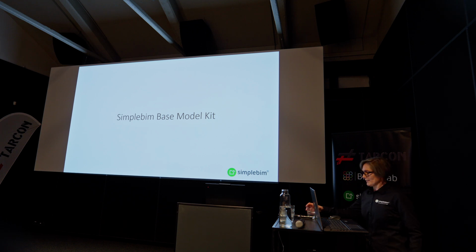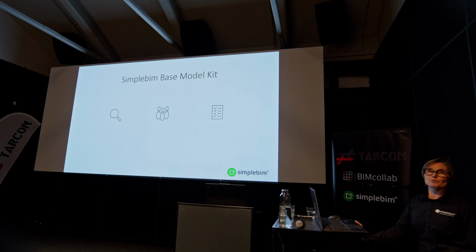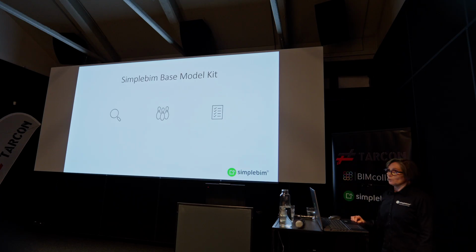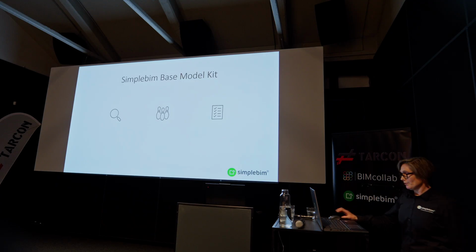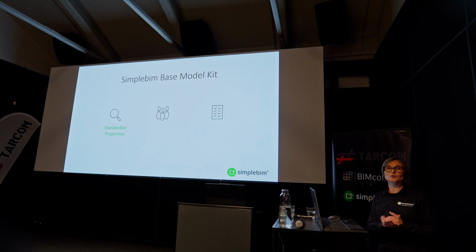So it comes as a base model toolkit, data flow kit. And it includes 3 steps. The first thing you can do to the model is you standardize the data structure.